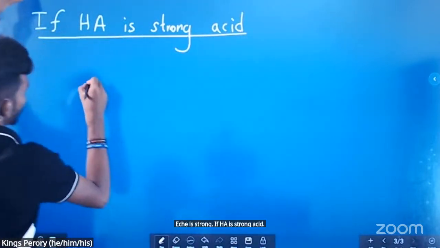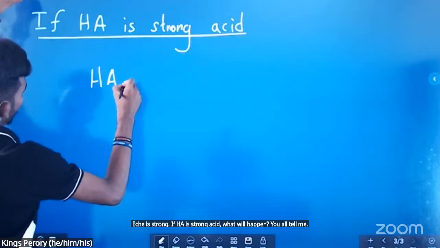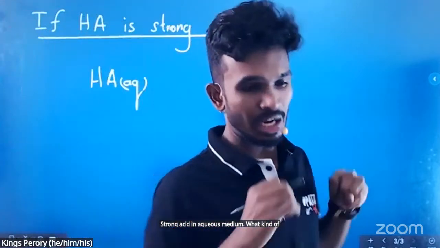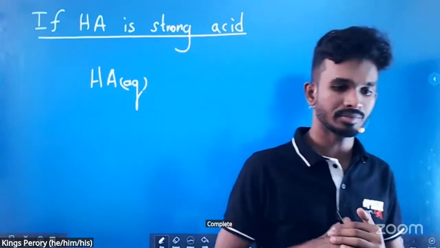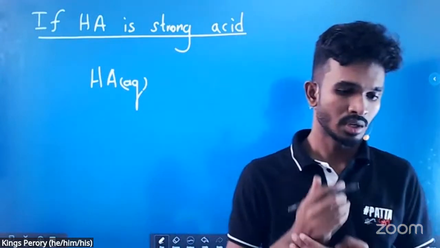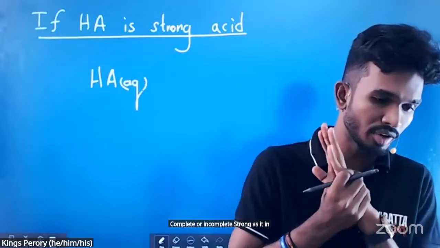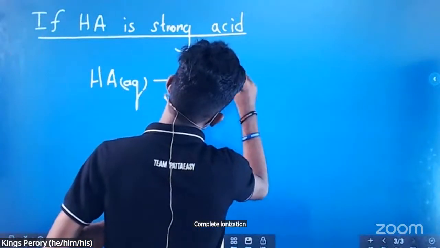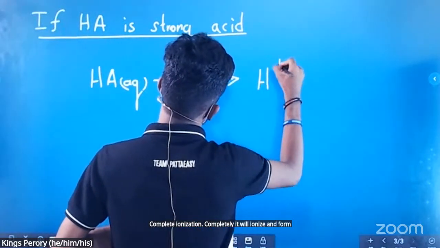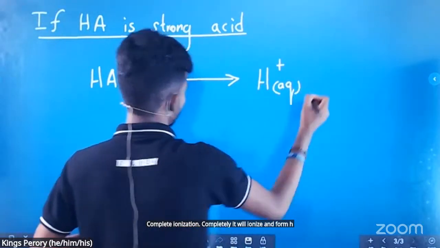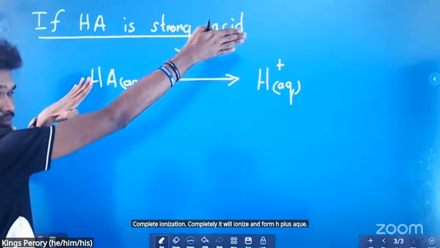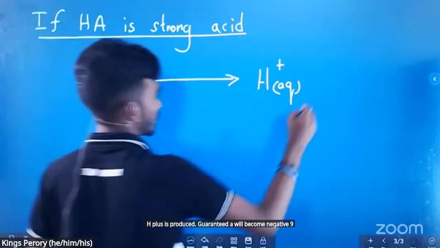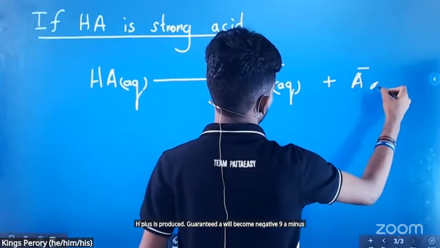Strong acid in aqueous medium, what kind of ionization, complete or incomplete? Complete ionization. Completely it will ionize and form H plus aqueous. H plus is produced, and A will become a negative ion. A minus will be produced if it is strong.